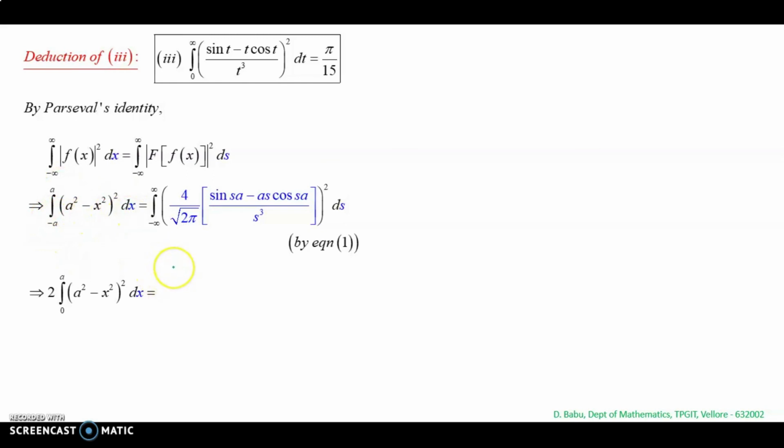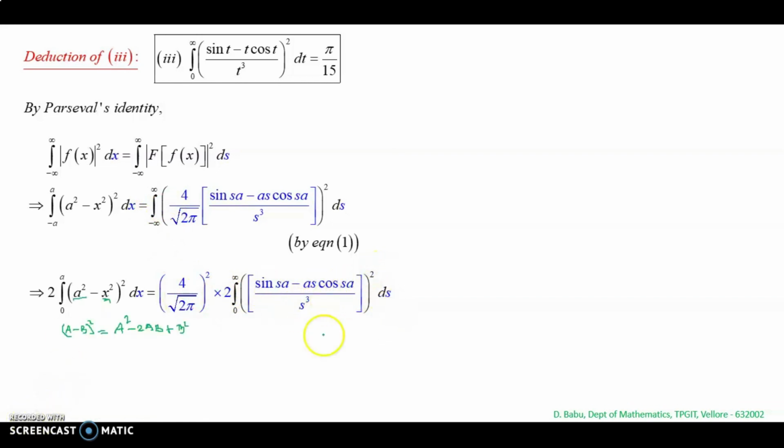So 2 times the integral from 0 to a of a square minus x square, the whole square dx equals 4 divided by square root of 2 pi, the whole square, times 2 times the integral from 0 to infinity of sin sa minus as cos sa divided by s cube, the whole square, ds. We know that capital A minus capital B, the whole square, equals capital A square minus 2 capital A capital B plus capital B square.